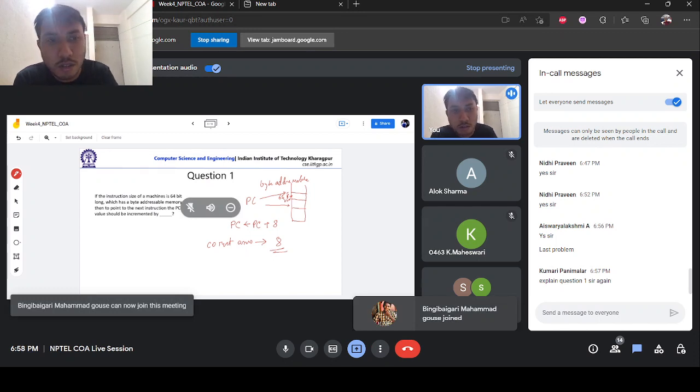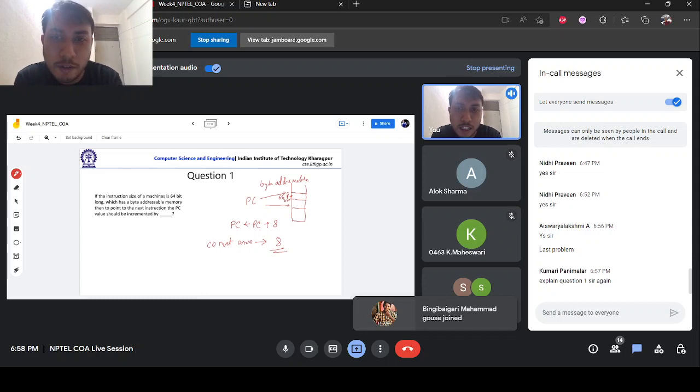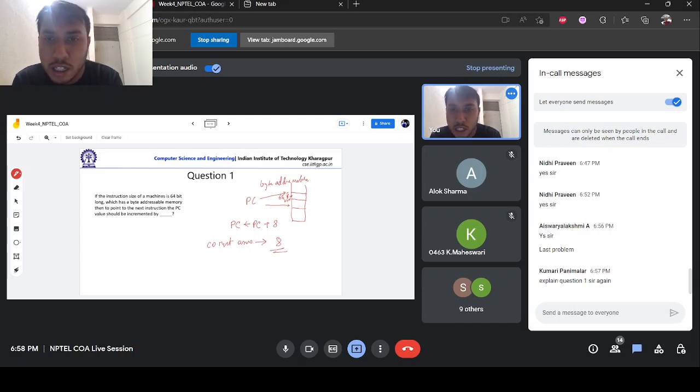So for question one, it is byte addressable. Byte addressable means each word is addressable using a byte. A byte is 8 bits. Here it is said that the instruction is 64-bit long. So 0 to 63 is the first instruction, and the second instruction will be 64 to 127.